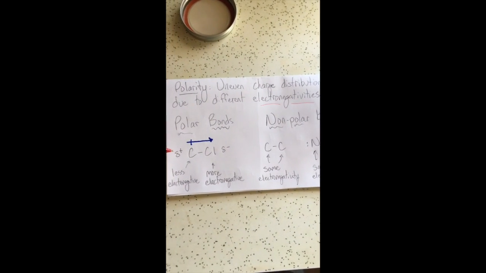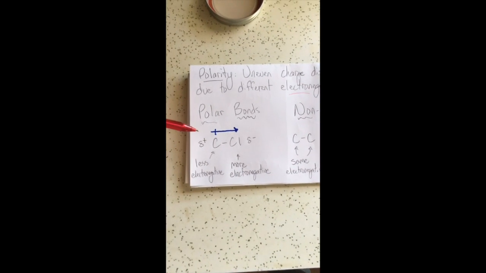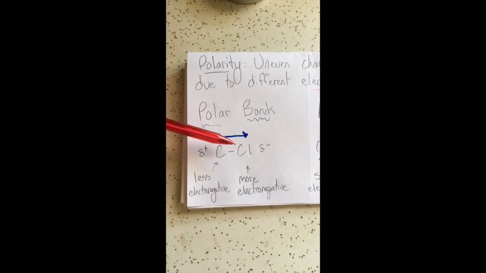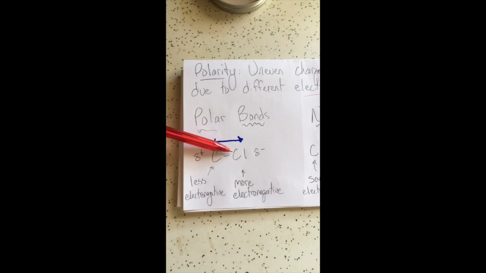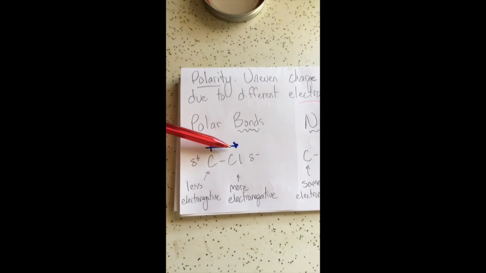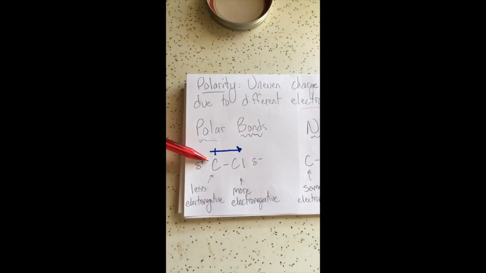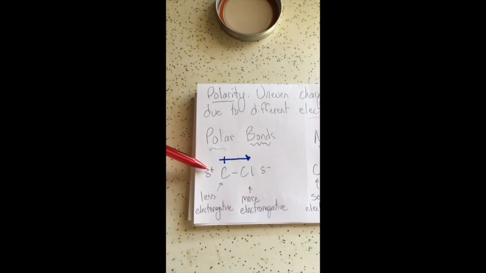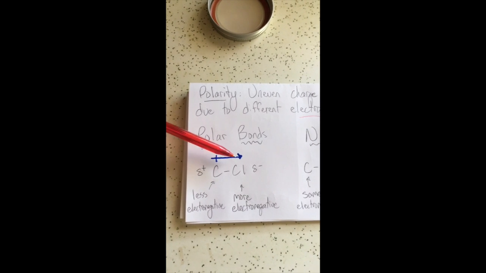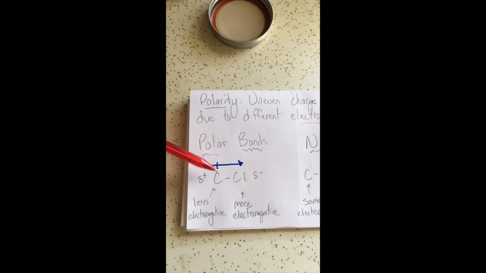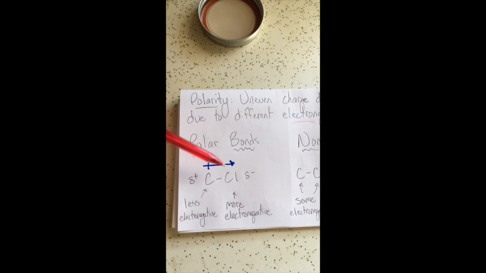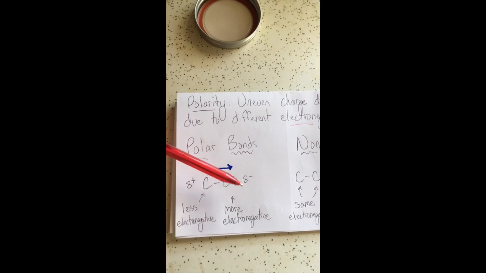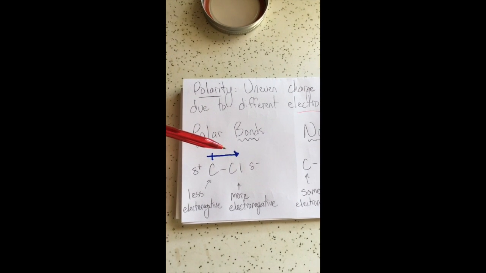It's almost easiest to see in examples. In polar bonds, you have really electronegative atoms to the right and up on the periodic table, like chlorine. If it's bonded to something that's less electronegative, in this example carbon, the chlorine's more electronegative, so it pulls the electrons in the bond towards it, so it becomes partial negative, because remember, electrons are negative.